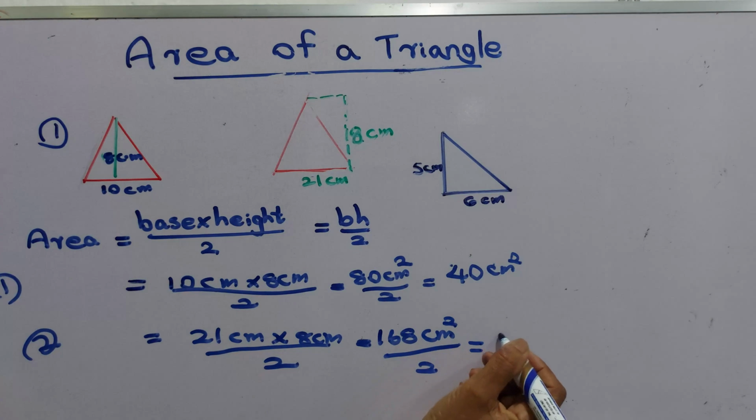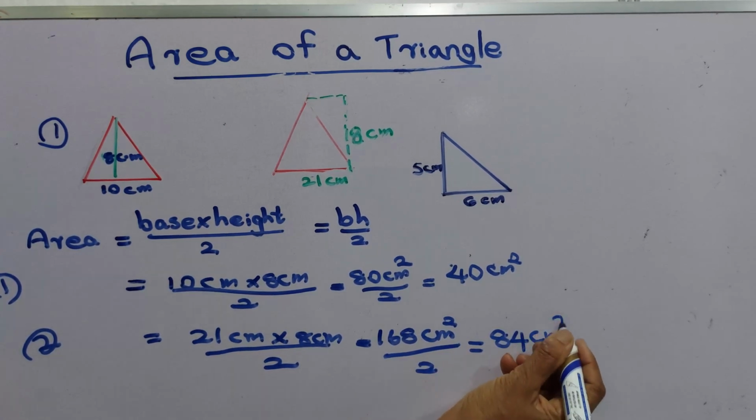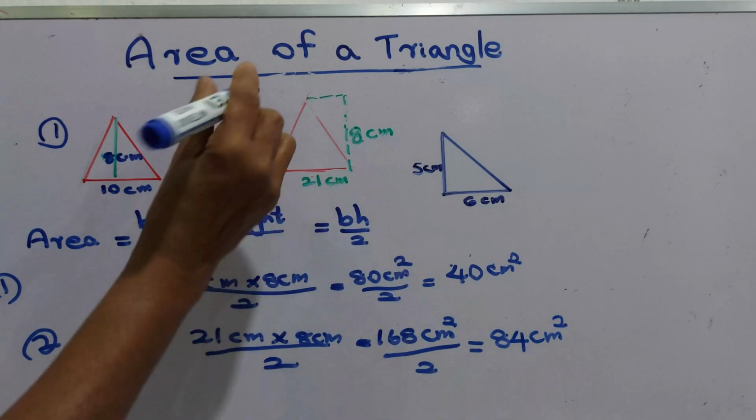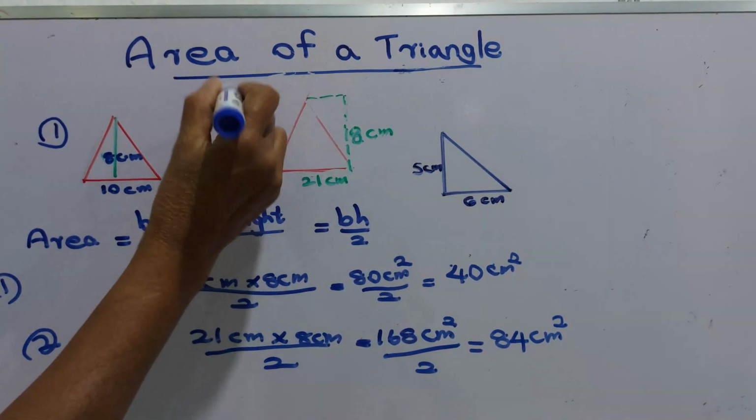That means 84 square centimeters. That is the area of this second triangle.